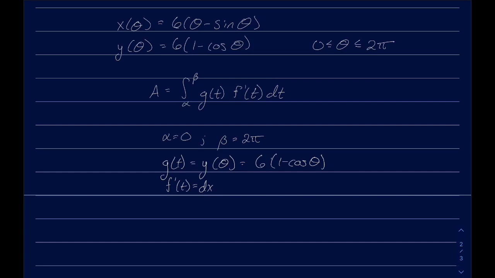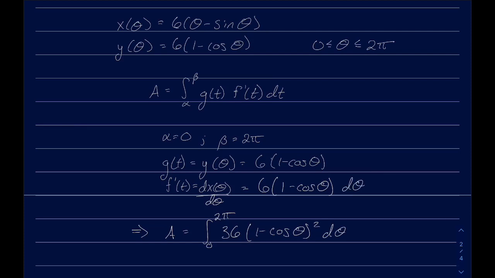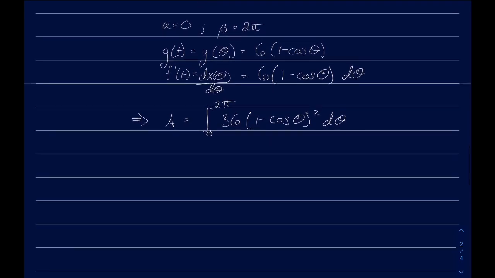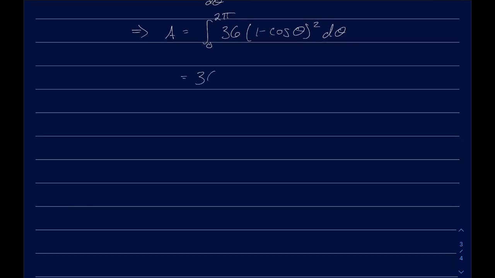And f prime of t is going to be dx d theta, which is going to be 6 times the quantity of 1 minus cosine theta. And that's also going to be times d theta, right? Because we have f prime of t dt. So our area is going to be equal to the integral from 0 to 2 pi of 36 times 1 minus cosine of theta, squared, d theta.